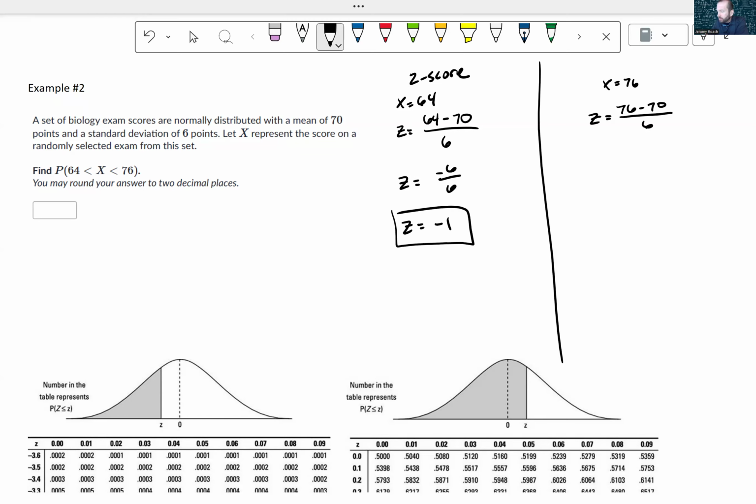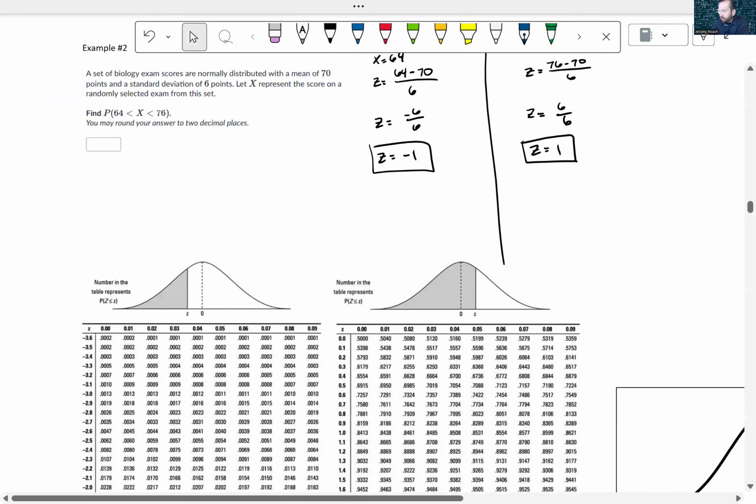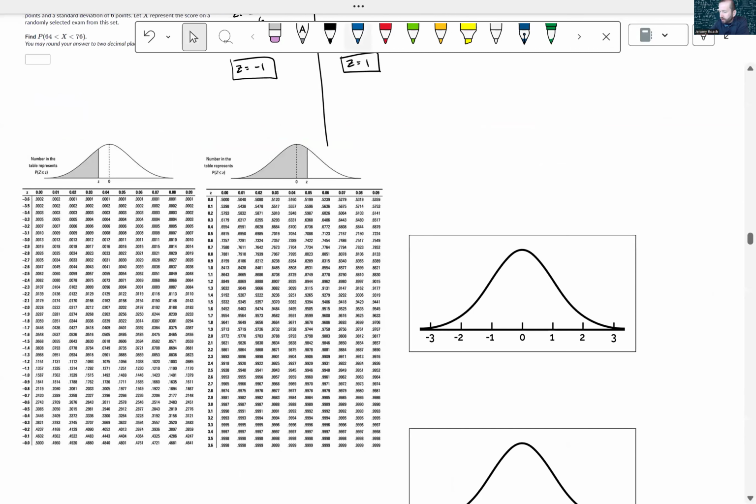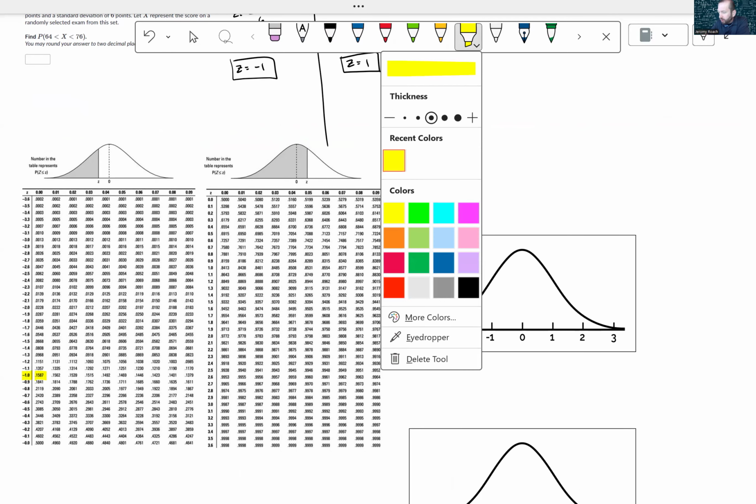For when x equals 76, you get 6 over 6, z equals positive 1. So those are nice z values to find on the table. It says negative 1 and 1. So those are pretty easy to find here. But let's take a look at where they are on the table. So negative 1, and the other one is positive 1.